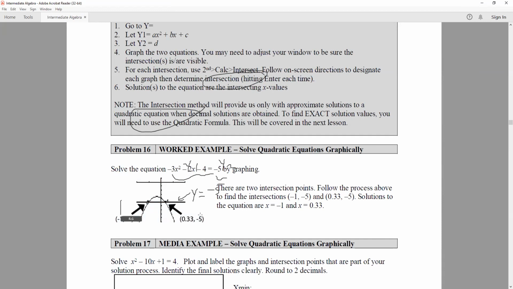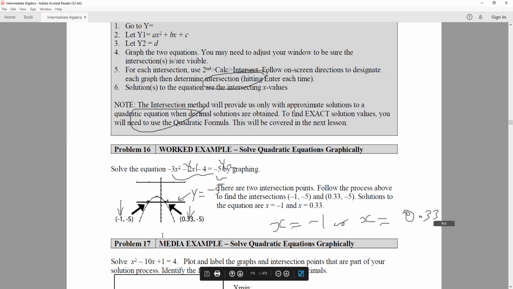What is x? -1. What is x? -0.33. So for this equation, x equals -1 or x equals -0.33. It has to be negative 0.33. Okay? And you're done with solving the equation. That's it.